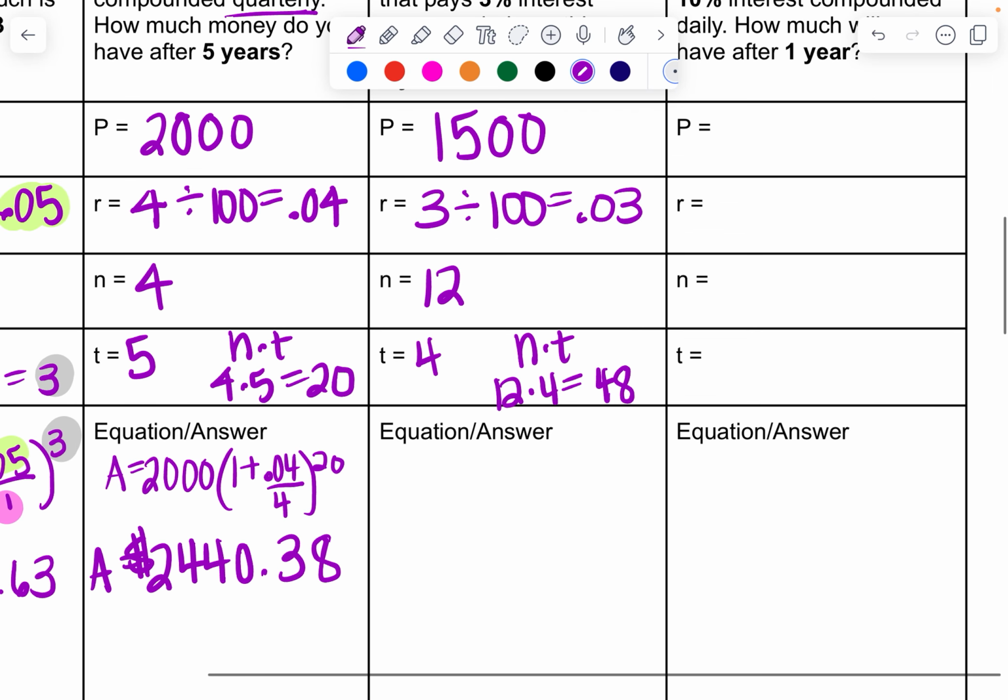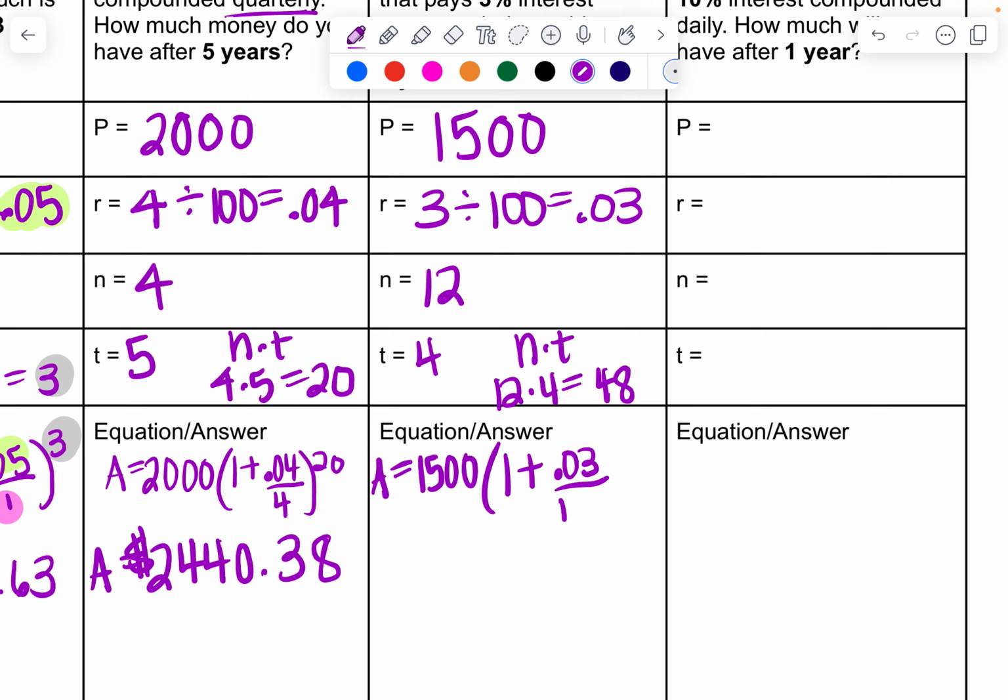So writing our equation, our final amount is our initial amount, 1,500, times 1 plus 0.03 over 12, our rate divided by our N, to the power of 48. And if you put that in your calculator, you would know that after 4 years, you would have $1,690.99 in your savings account. That's assuming you don't add any more money to it.